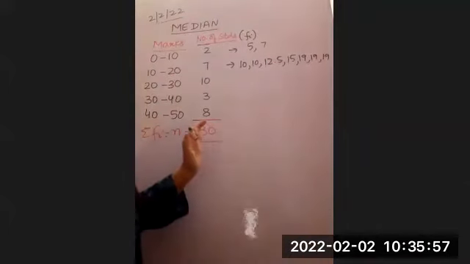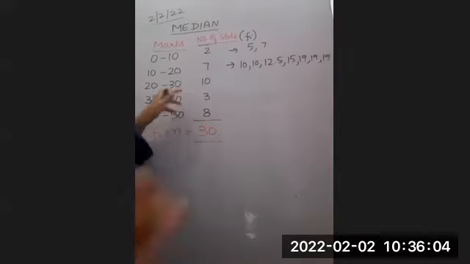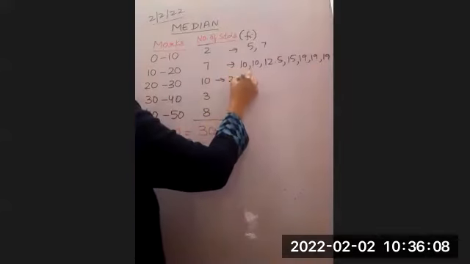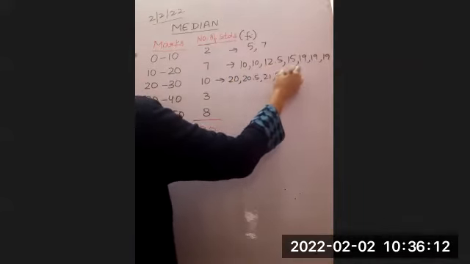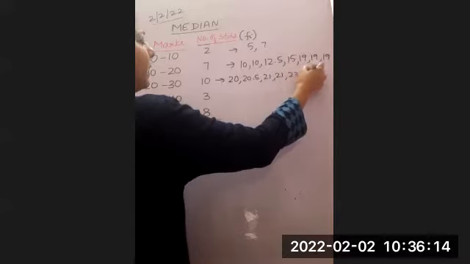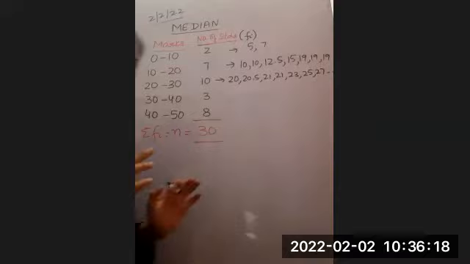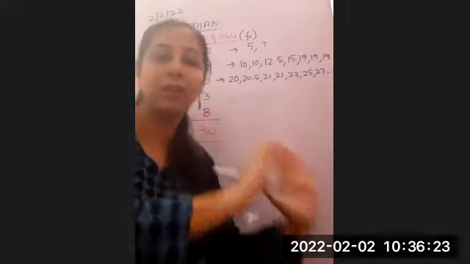Okay? And the next 10 students, they are scoring between what and what? 20 to 30. So let it be 20, 20.5, 21, 21, anything randomly I am writing, and so on. Are you understanding what I am doing? I'm just giving you an example of putting things in order.